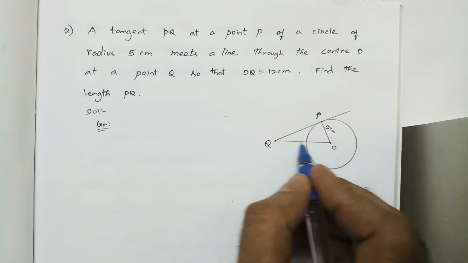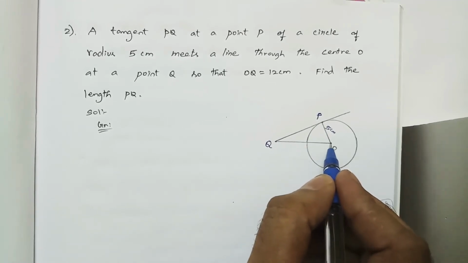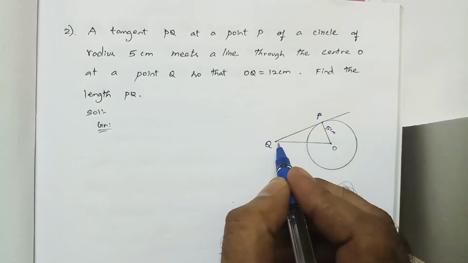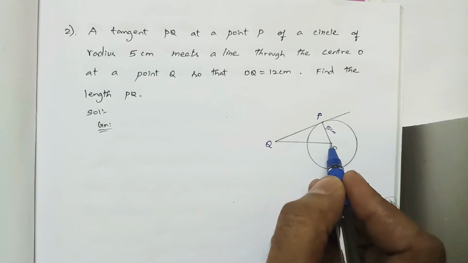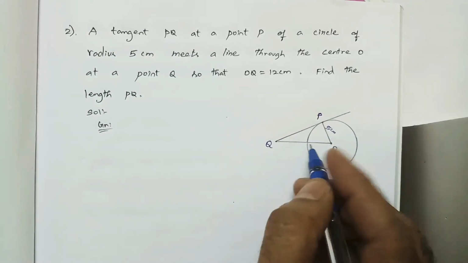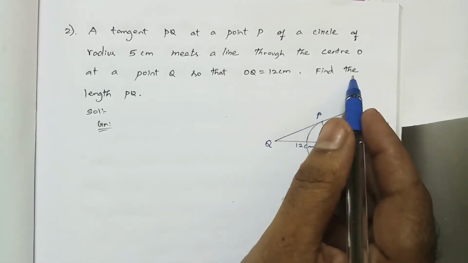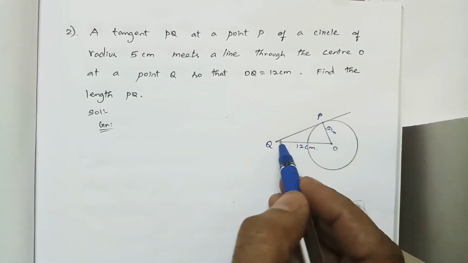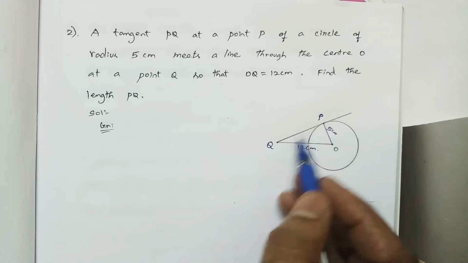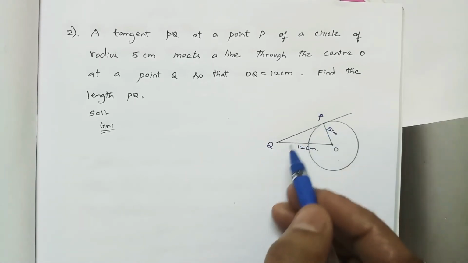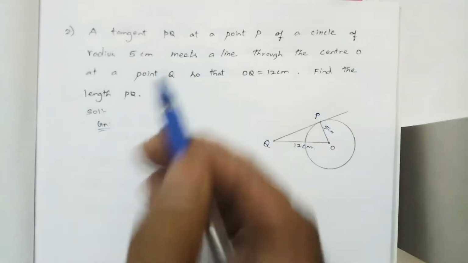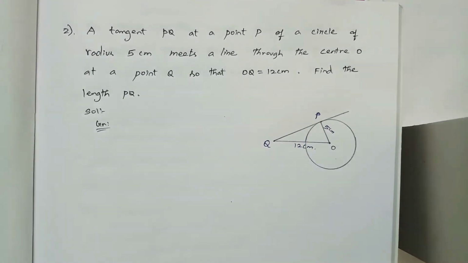So the distance between the center point and the external point, that is OQ, is 12 centimeter. Find the length PQ. Here PQ is the tangent. By reading the question I am just giving the names, I am not taking them on my own.